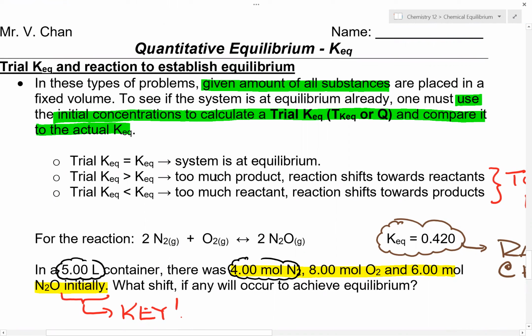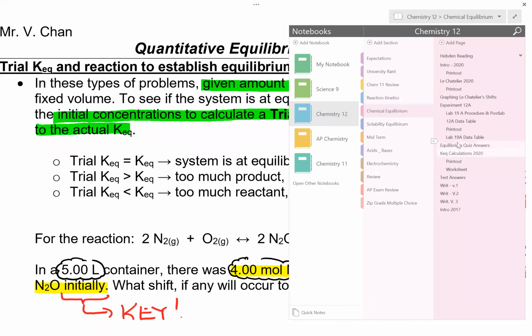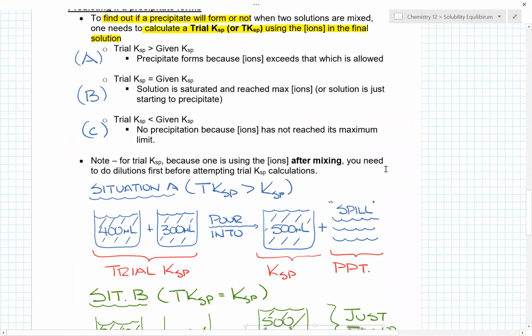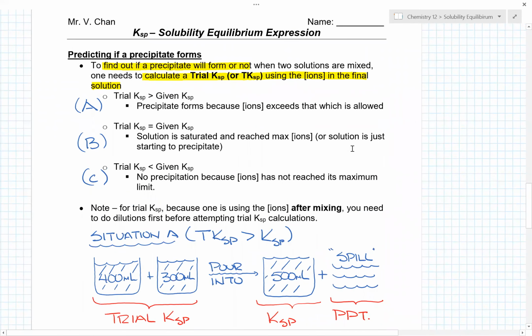Trial KEQ is equal to KEQ, trial KEQ is greater than KEQ, trial KEQ is less than KEQ. Take a look at the scenario here and see how that is similar to what we have with solubility equilibrium. But instead of just talking about shift left or shift right, we're talking about whether or not precipitate forms. And we'll talk about that in a few minutes.